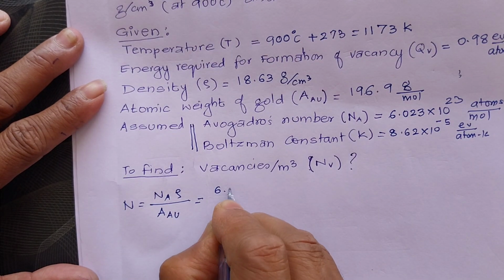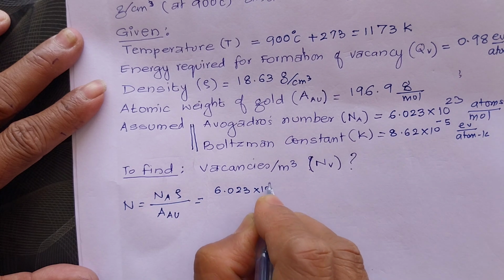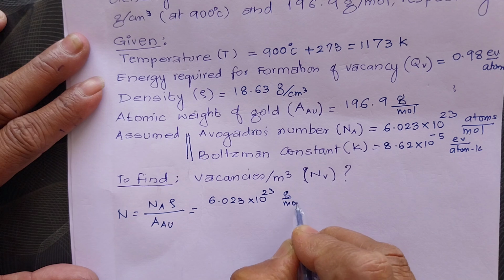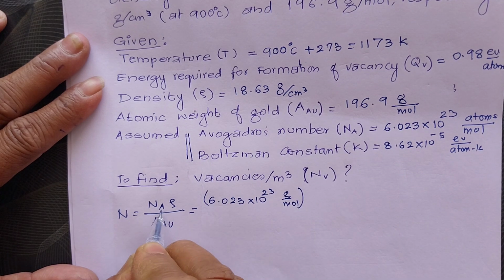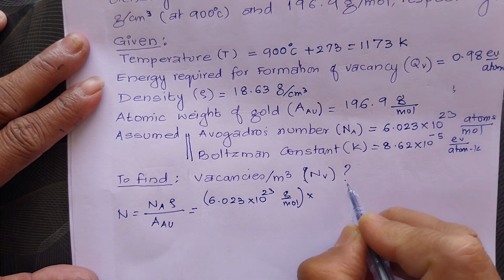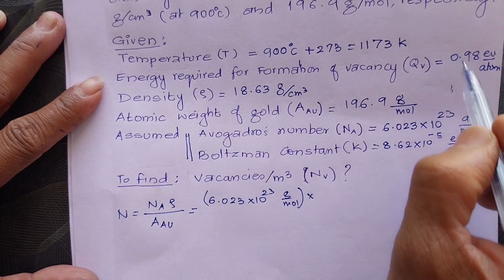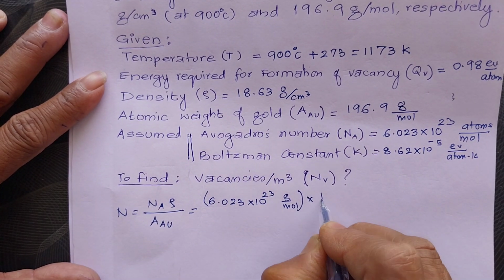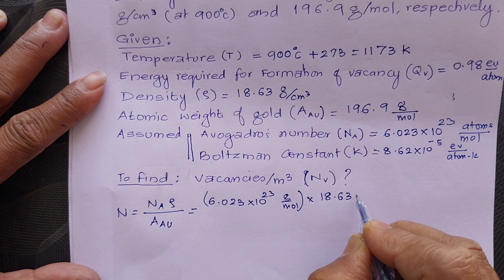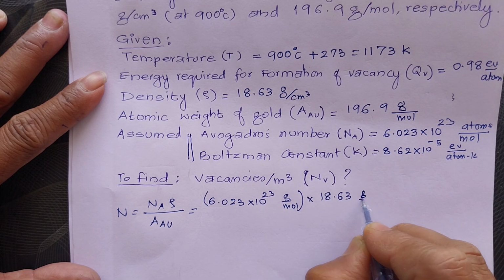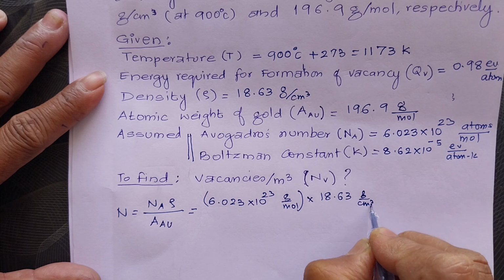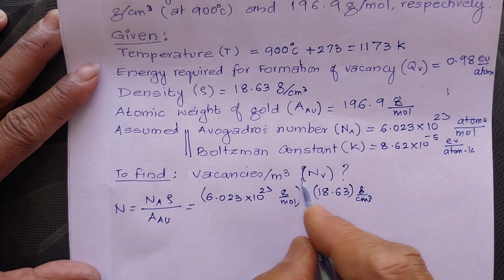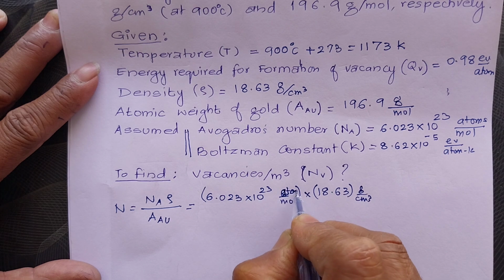So it is 6.023 into 10 raised to 23 atoms per mole, multiplied by the density 18.63, which is in grams per centimeter cube.